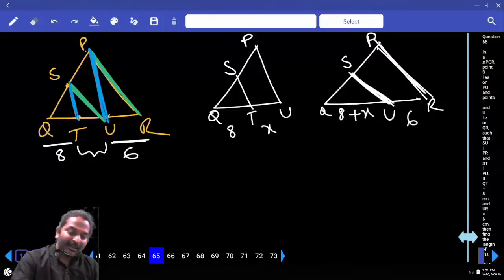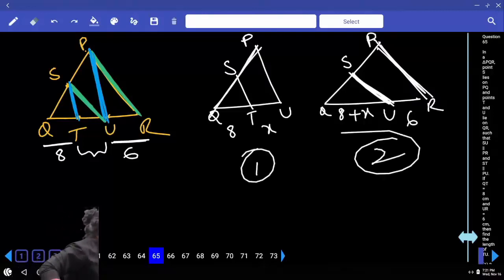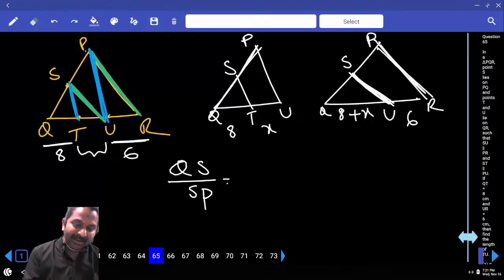Now, in the first triangle and in the second triangle, when you take QS by SP, look at this triangle.